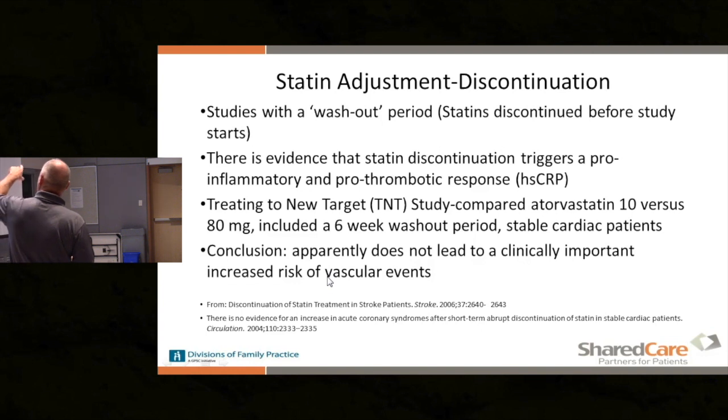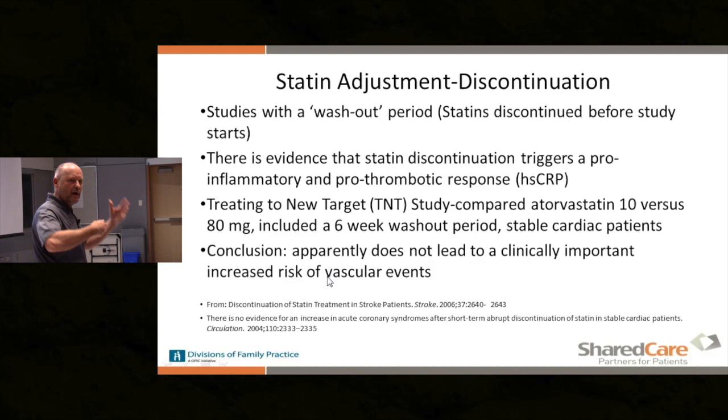But they found that yes, you do start to get some inflammation early on, but when you actually treat it, and there's a 6-week washout period in stable cardiac patients, it didn't lead to clinically significant vascular events.